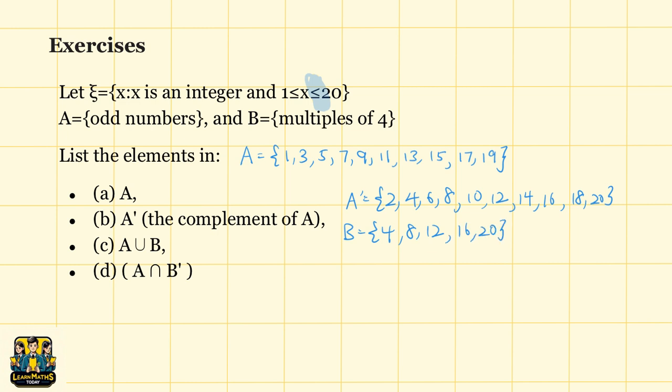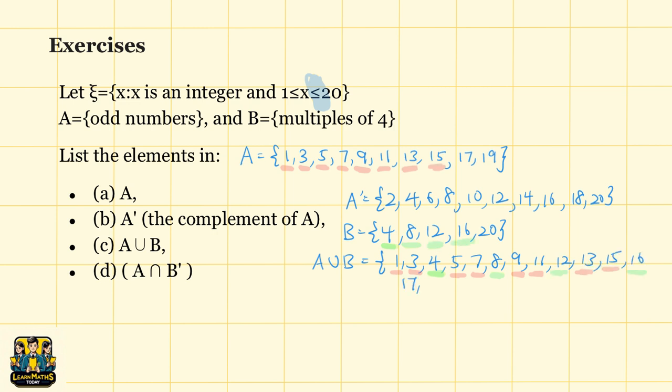And so looking at set A and set B, you could easily combine the whole set to give you the union of set A and B. And we have the union of A and B defined as 1, 3, 4, 5, 7, 8, 9, 11, 12, 13, 15, 16, 17, 19, and 20.